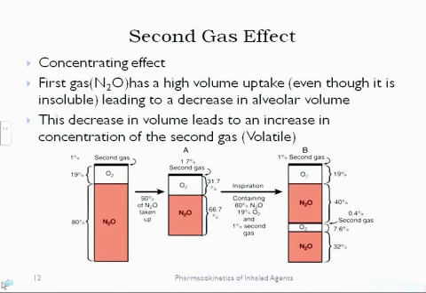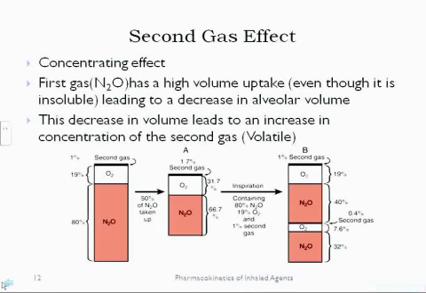And that brings you down in total volume in your alveoli, so that when you do the mathematics of it, your second gas, which is in this case, let's say isoflurane at 1%, now is jumped up to 1.7%, simply because you've dropped the volume. Okay, you didn't change anything, except you just changed the volume inside the alveoli.